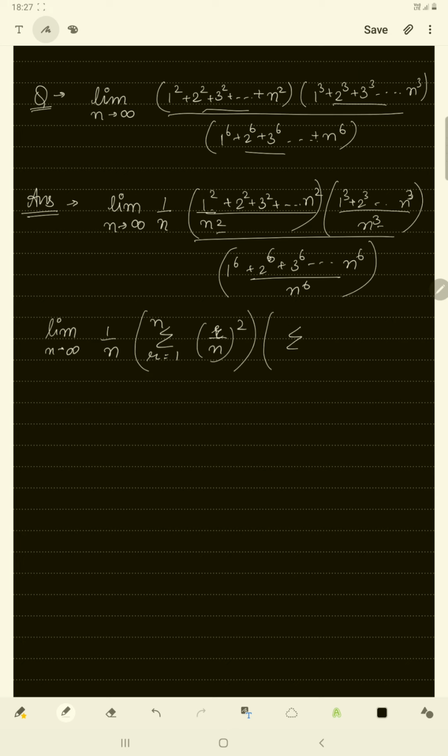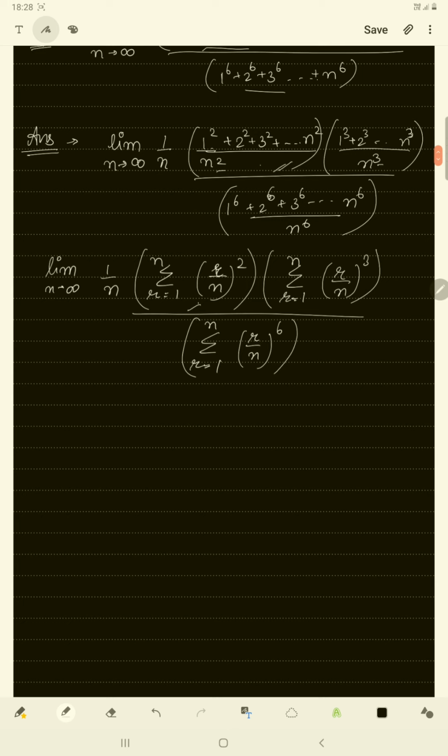Similarly, writing this term, we have summation of r equals 1 to n, r by n whole cube, upon summation of r equals 1 to n, r by n whole 6. If you need to know how we wrote this, you can watch the previous video, where I showed you how to convert this form to this form.